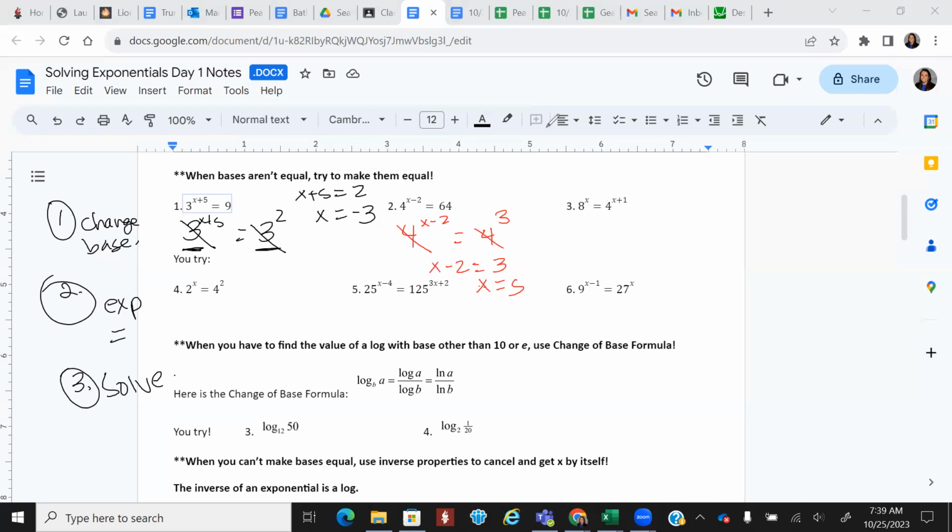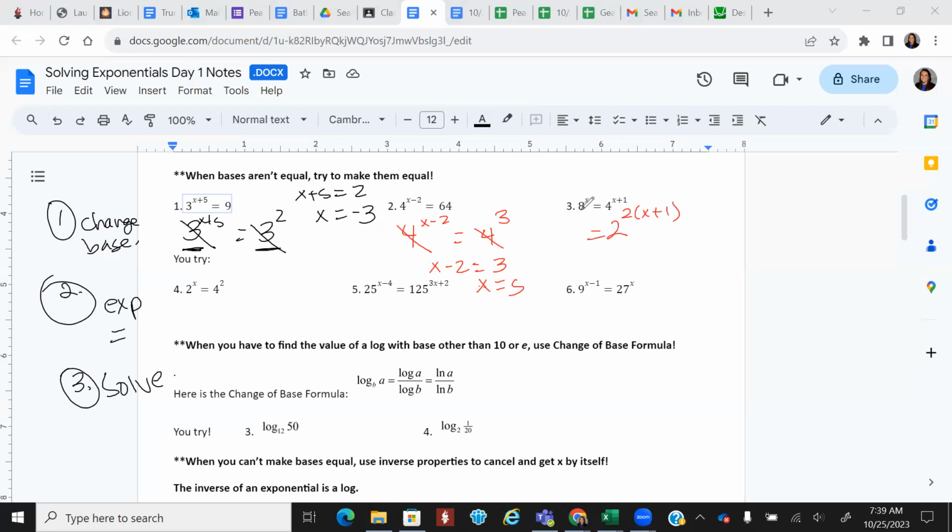There's not one, right? So what we're going to do is drop this down to the base of 2. And 2 to what power would give us 4? 2. So we're going to have 2x plus 1.